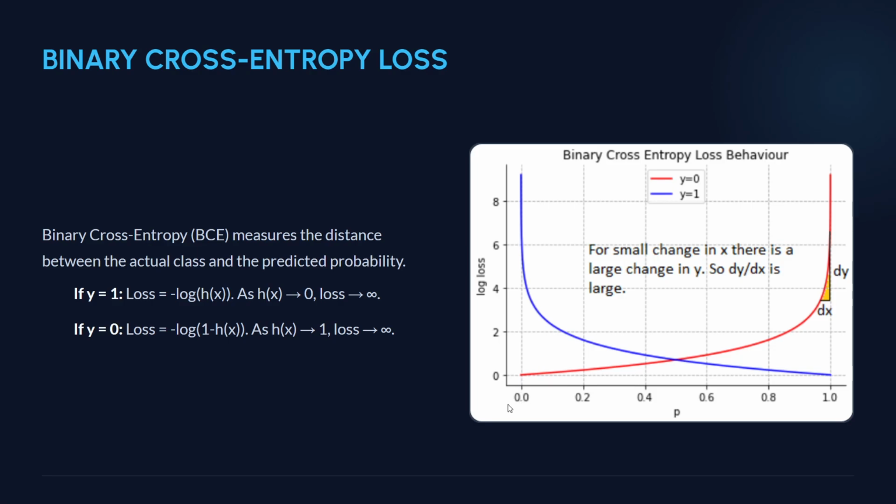At point 0, the log loss for 0 is 0, and for 1 it is infinity. So yes, the value will be 0 because for 1 it is infinity. So we have to find a point where the maximum likelihood is maximum. What will be the appropriate point where the likelihood will be maximum?